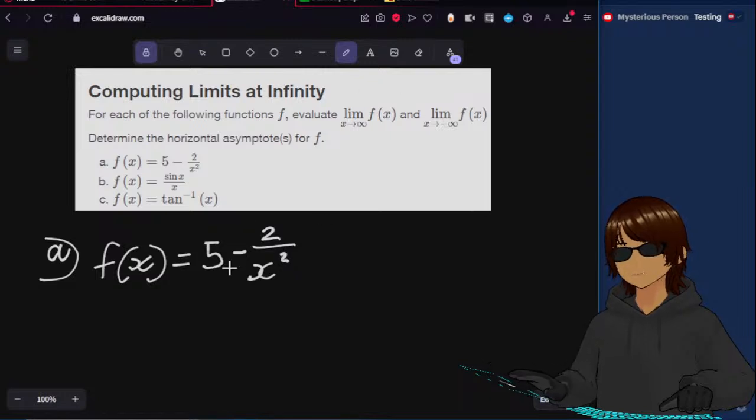So the limit at infinity would be 5, because this just gets less and less. And the same for negative infinity.